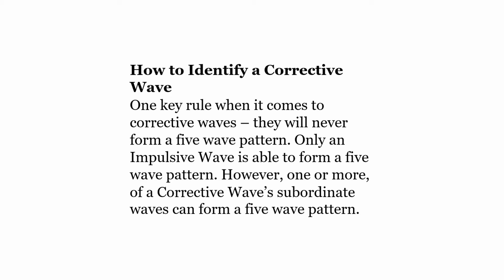However, one or more of a corrective wave's subordinate waves can form a 5-wave pattern, but this is the idea of fractals: if you look closer, each wave is really another wave, and then if you look closer, another wave, etc. But that is not important. Just know that the corrective waves will never form a 5-wave pattern.